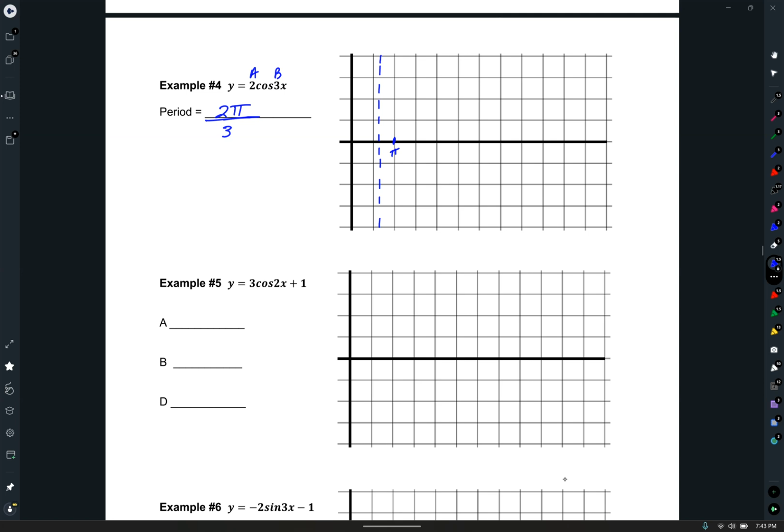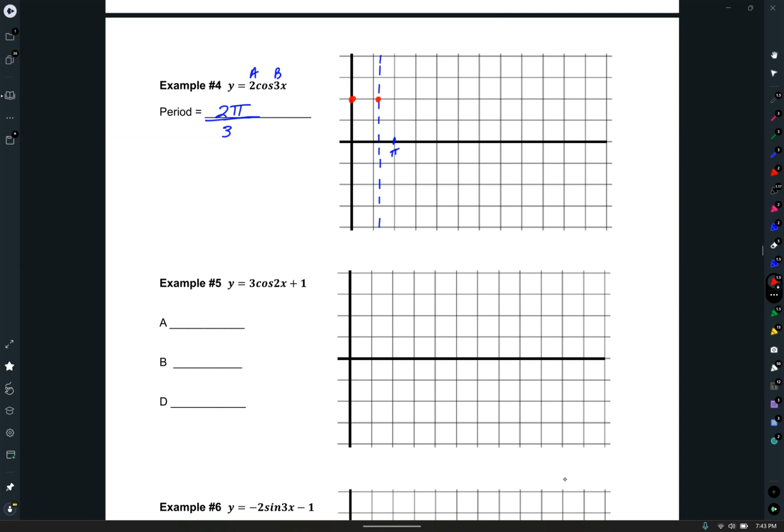So that means I have to fit one full section of the cosine in that space. For cosine, remember we said you start and end at 1, but in this case, since the amplitude is 2, I'm going to start and end at 2, because I have to end wherever I've marked off my period. Halfway, so where is halfway?